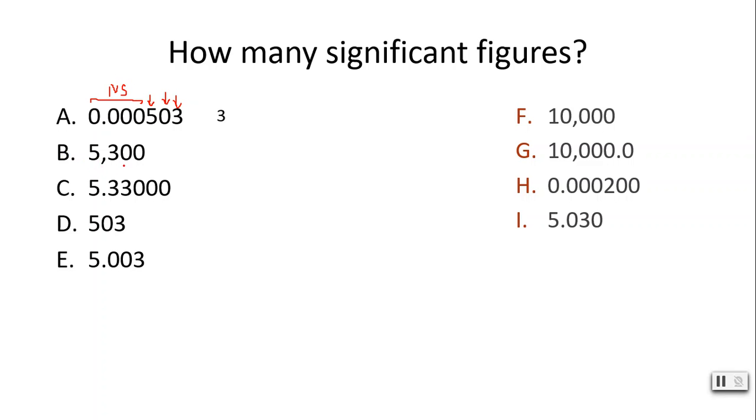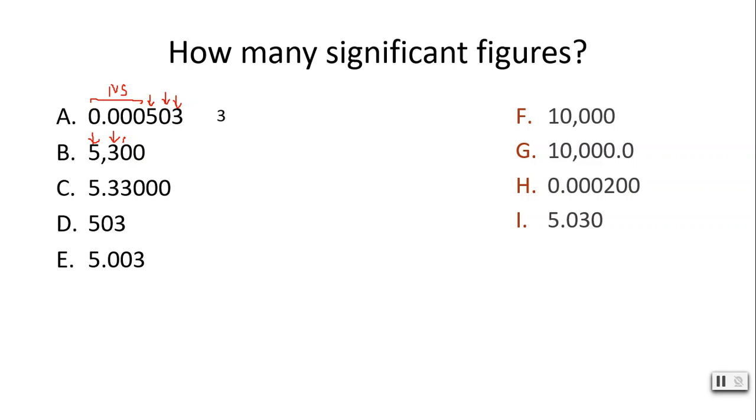Choice B, 5,300. Well, we have our non-zeros, so those are definitely significant. I have those two zeros and no decimal point. So those zeros would fall under the trailing ambiguous zeros.